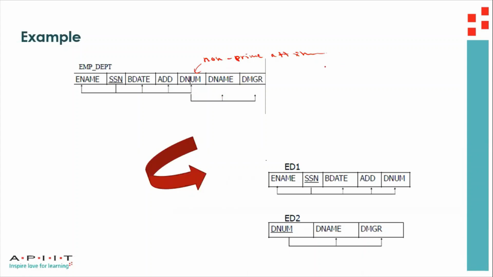So what can we do? We can make it third normal form. We can have a separate relation for employee, with SSN as the primary key, e-name, and then date of birth, B-date, and the address.